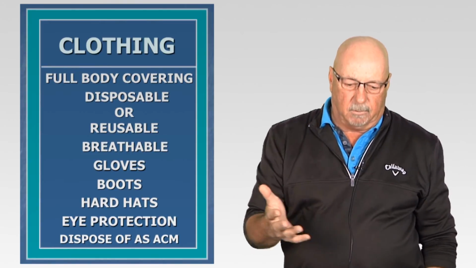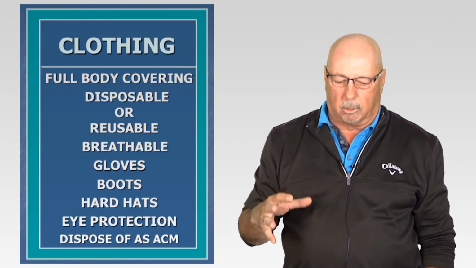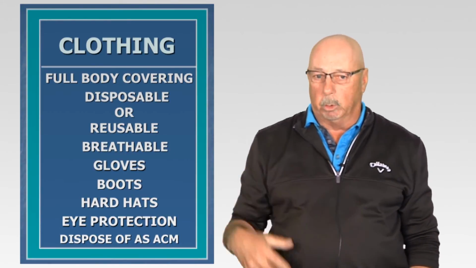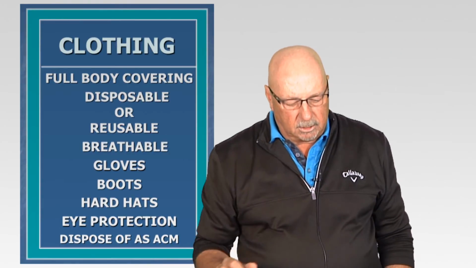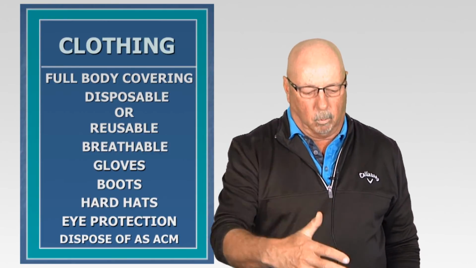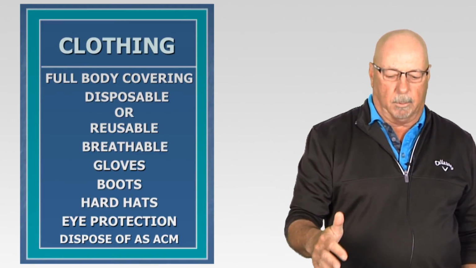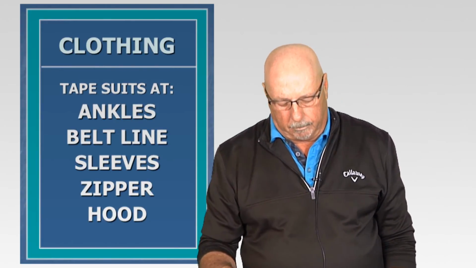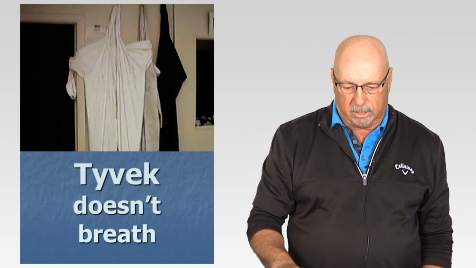So just to give you an example, a listing of the different clothing: we've got full body coveralls, which could be either disposable or reusable, breathable or non-breathable. We've got gloves, boots, hard hats, eye protection. This slide we use in our asbestos talks, so we talk about if you're wearing personal protective equipment while working with asbestos or any kind of chemical, once it becomes contaminated, it has to be disposed of as a contaminated material, just like the waste material.